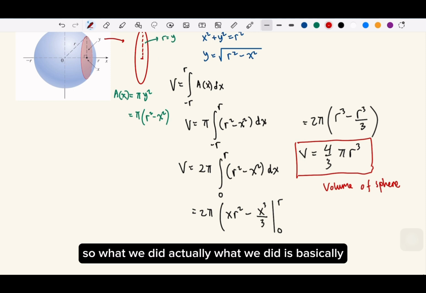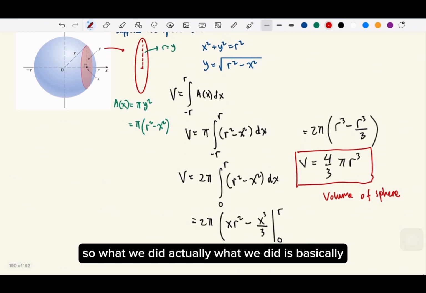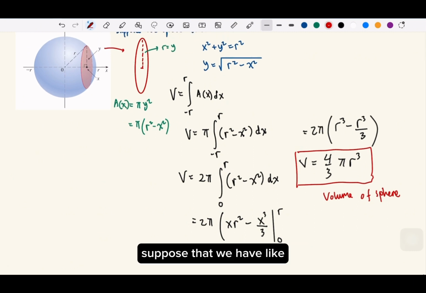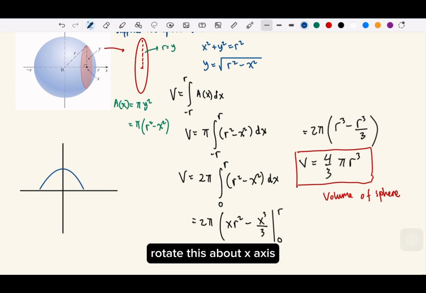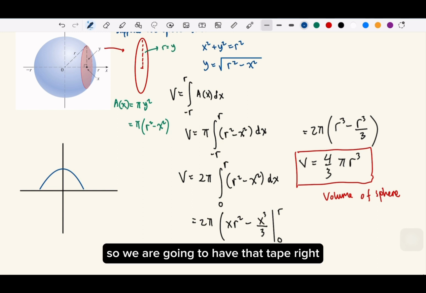So what we did is basically, suppose that we have this sphere. We can think of this sphere as a curve, and if you want to rotate this about the x-axis, we are going to have that shape, right?